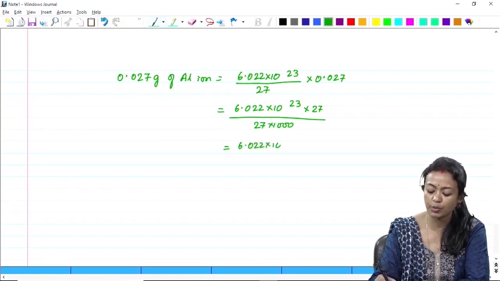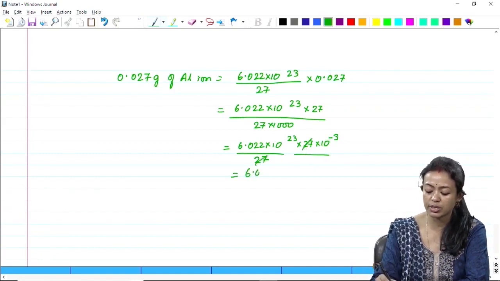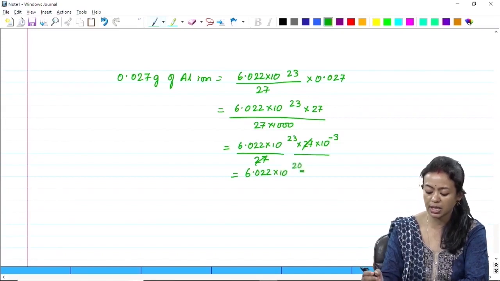6.022 into 10 to the power 23 into 27 into 10 to the power minus 3. Okay, divided by 27. So this 27 gets cancelled. So 6.022 into 10 to the power 20.